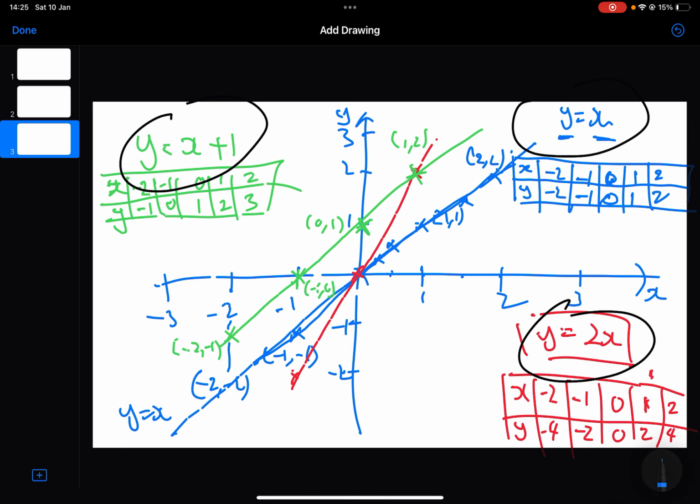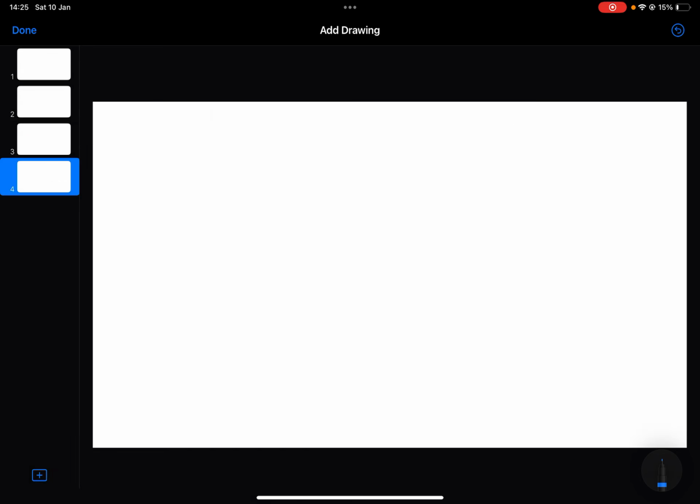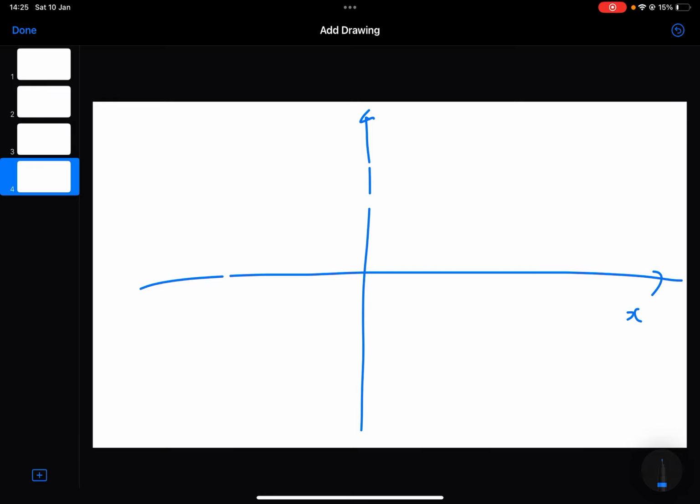Okay, then you have also learned this other graph before, when you were learning your quadratics: y equals x squared.